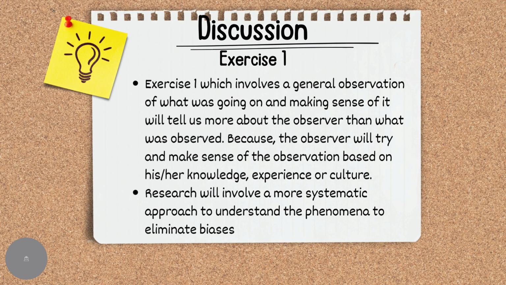So the first exercise, which involves a general observation of what was going on and making sense of it, will definitely tell us more about the observer than what was observed.